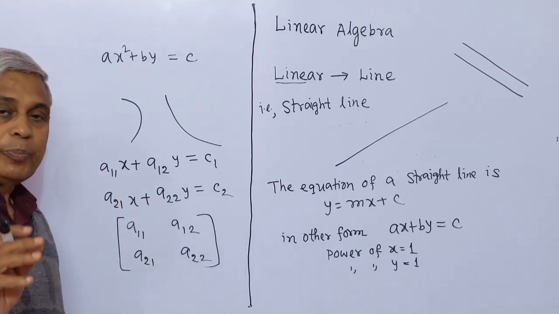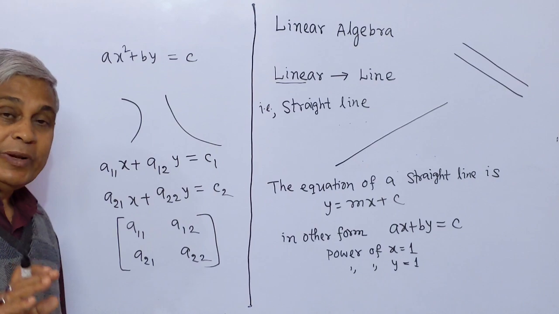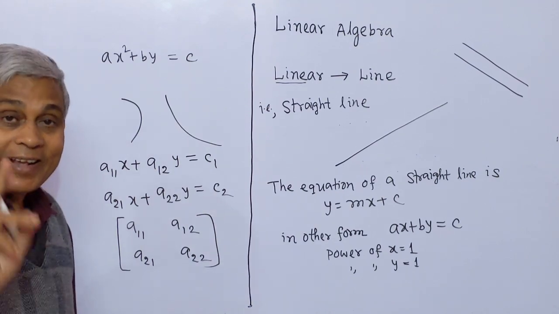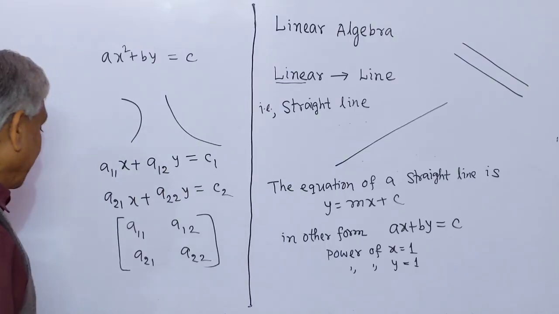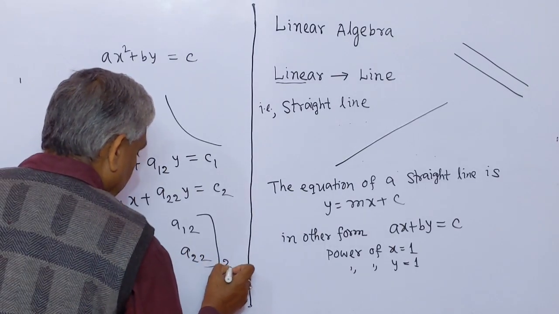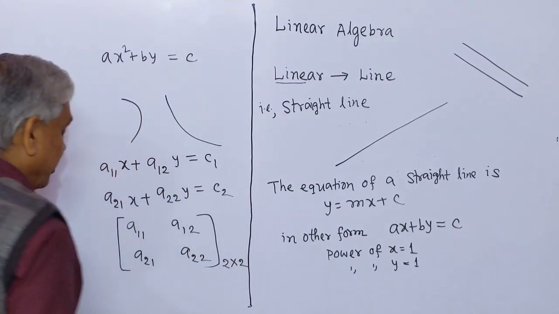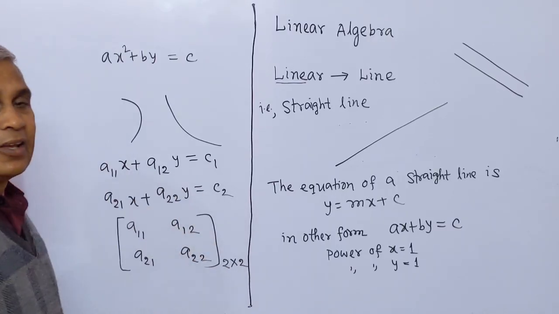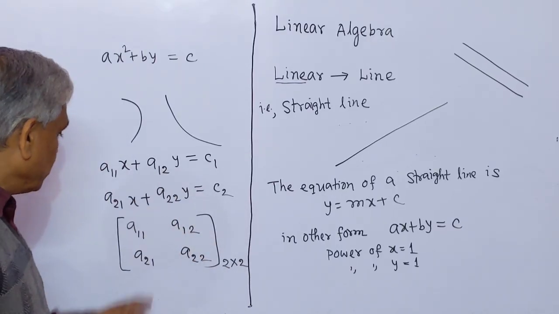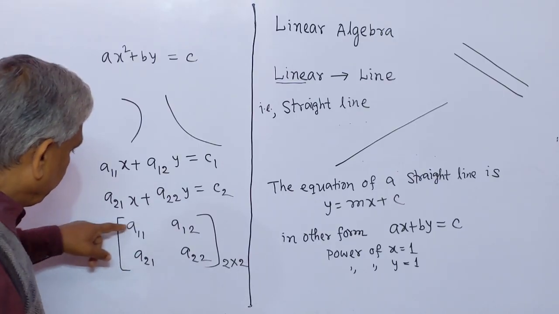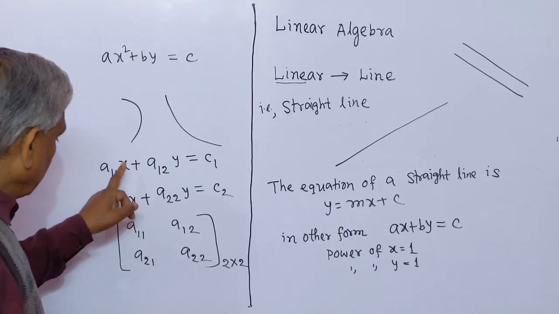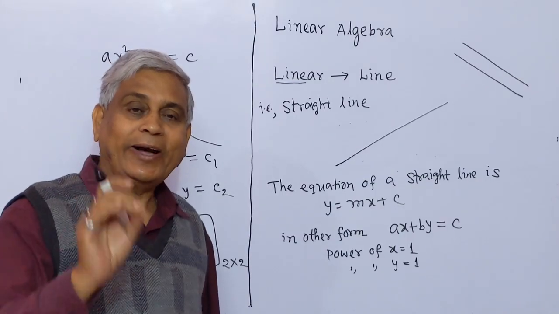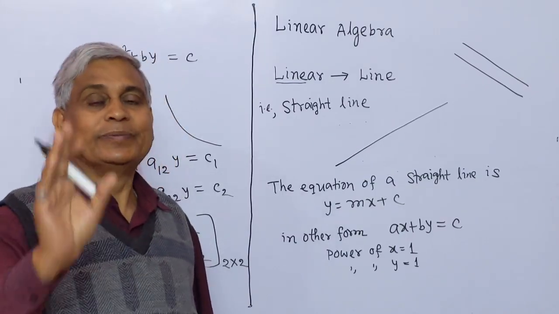Then this type of arrangement will be termed the mathematical term matrix. This is a 2 by 2 matrix, meaning we have two rows and two columns. These are rows, these are columns: first row, second row, first column, second column. Therefore, we define a matrix as follows.